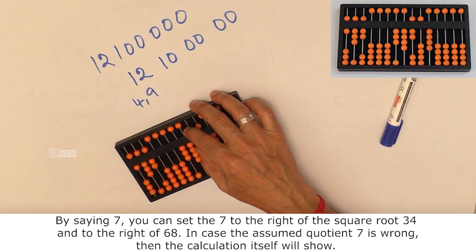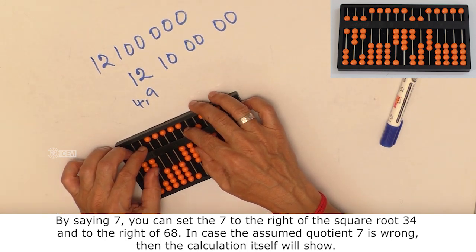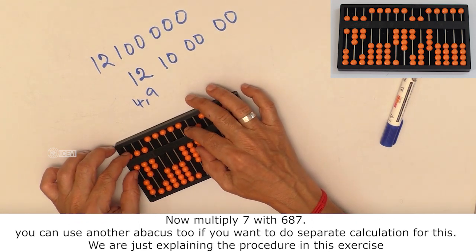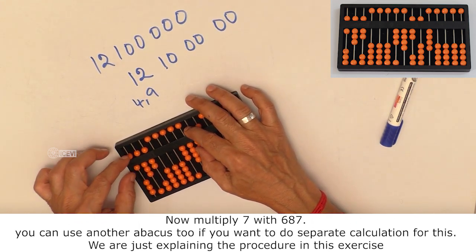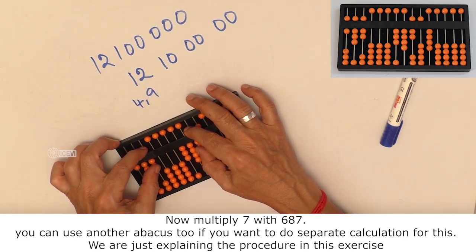In case the assumed quotient 7 is wrong, then the calculation itself will show. Now multiply 7 with 687. You can use another abacus too if you want to do a separate calculation for this.